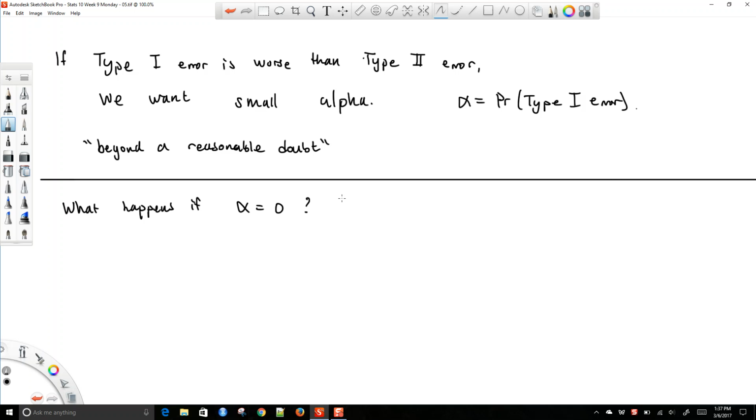So if alpha is equal to 0, the only way we can do this is we will never reject the null hypothesis, and then you're not doing hypothesis testing at all. You're just not rejecting the null hypothesis.